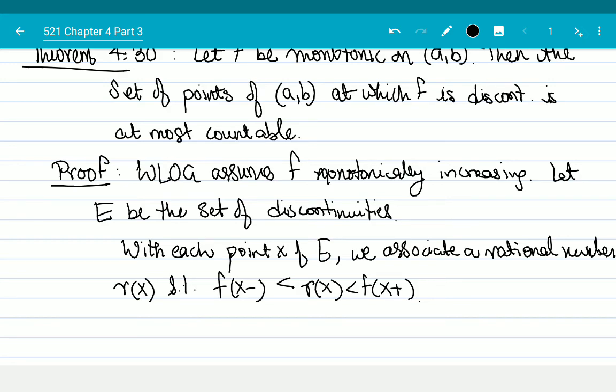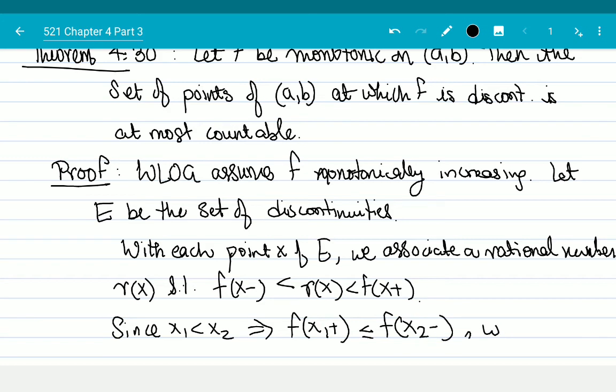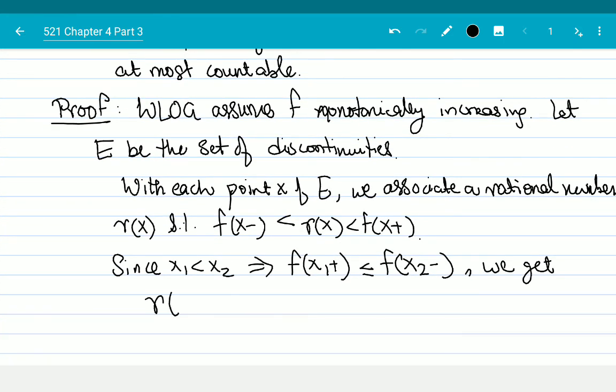Great. Now since x1 smaller than x2 implies f of x1 plus is smaller than or equal to f of x2 minus, we get that r of x1 is not equal to r of x2 if x1 is not equal to x2. Right?